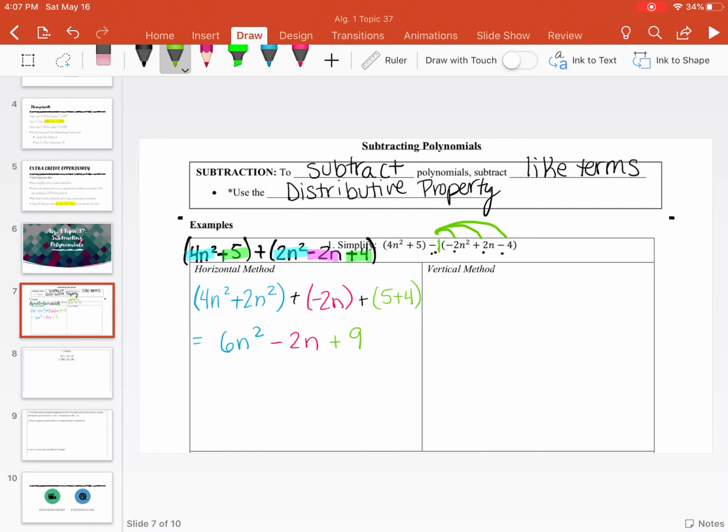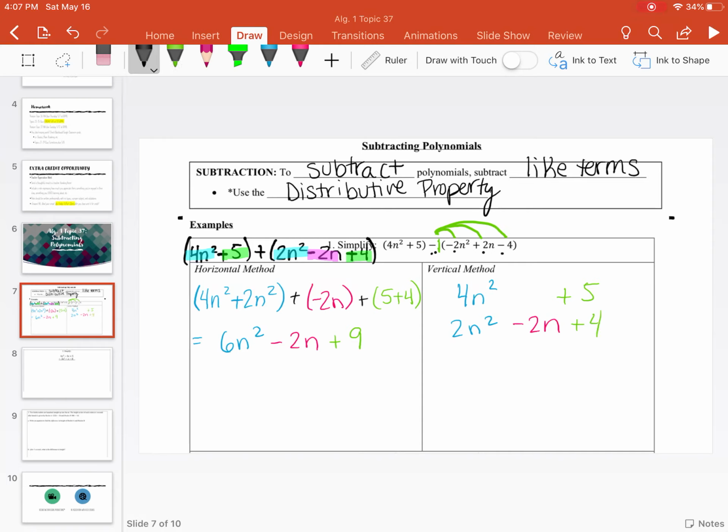The vertical method we can use after we already apply this distributive property, after we multiply the second quantity by a negative 1. So I can line up my like terms and get, let's do color-coded, 4n squared, now I'm going to leave a gap here, plus 5, and then we have 2n squared minus 2n plus 4.